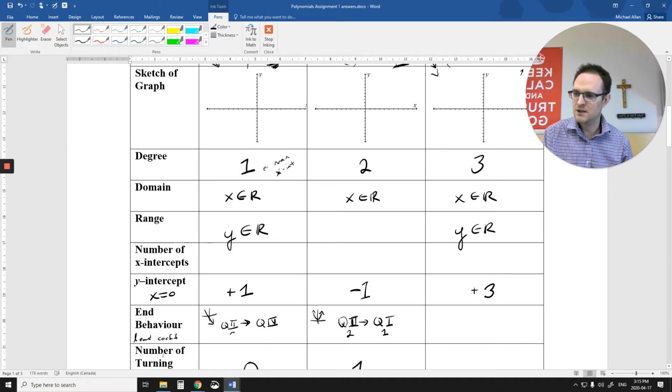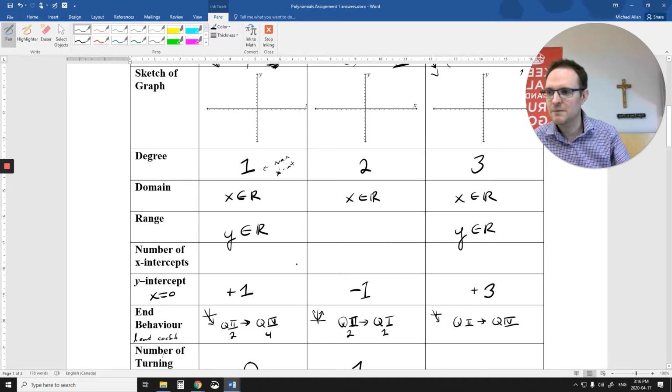I'm just going to put down numbers on the bottom here. Same logic for the first one here. Because it is going downwards, it's going to start off in quadrant 2 and end off in quadrant 4.